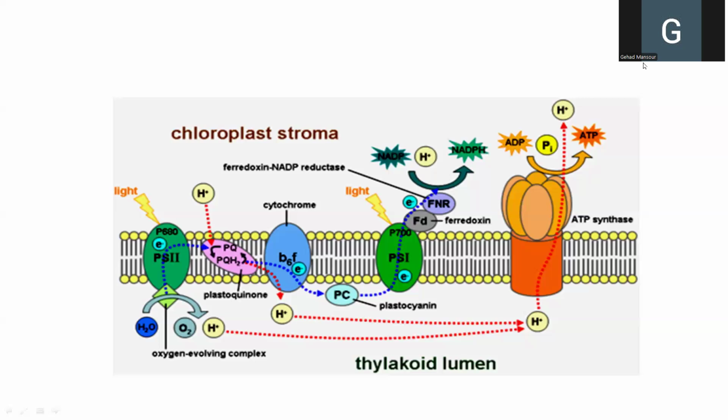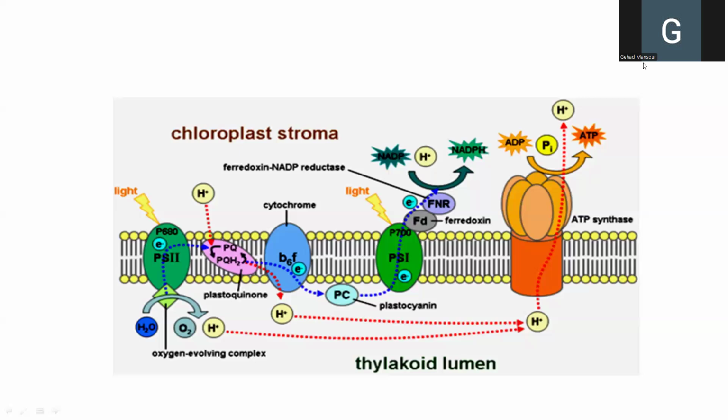It's worth reminding you of what we said last time, that we have two photosystems. Each photosystem consists of pigments and electron carriers, and photosystem 2 works first, and the product of photosystem 2 is ATP.